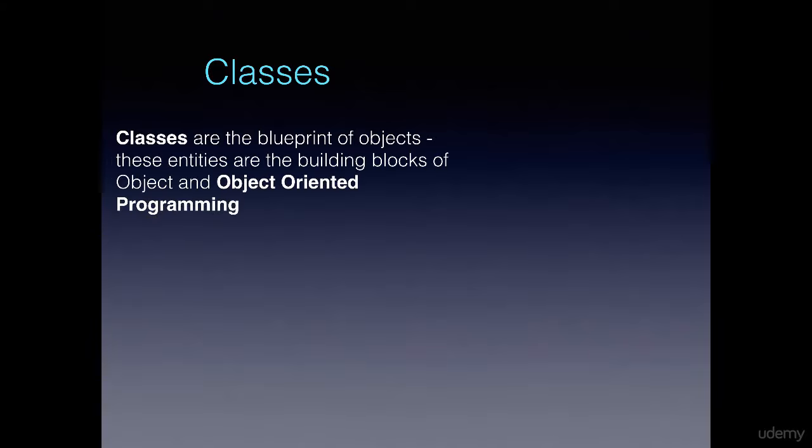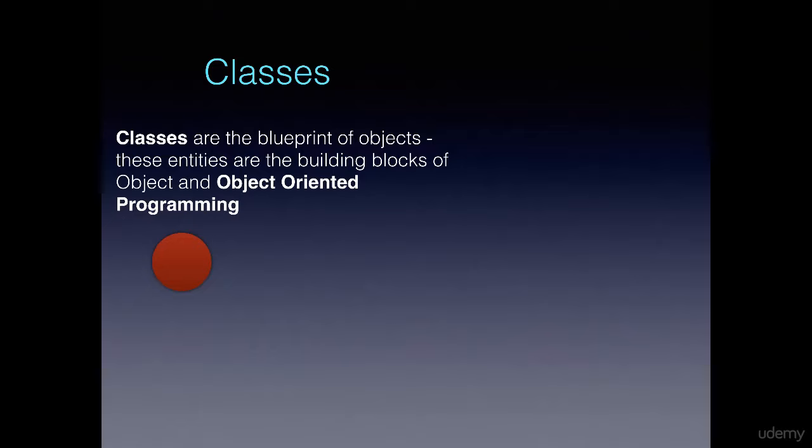So classes are the blueprint of objects, and these entities are the building blocks of object-oriented programming. For example, in the real world, we have a ball. This could be a basketball, a soccer ball, or even a football, right? American football, of course.